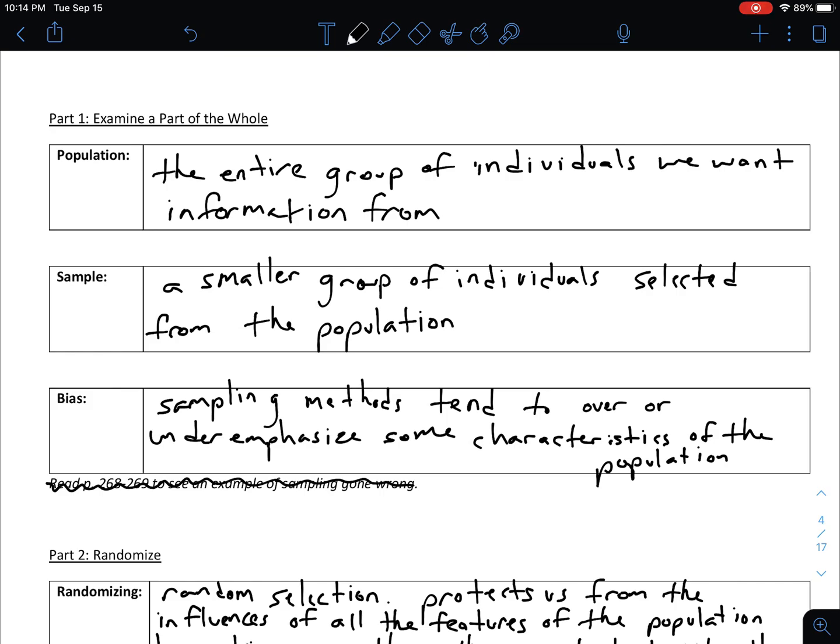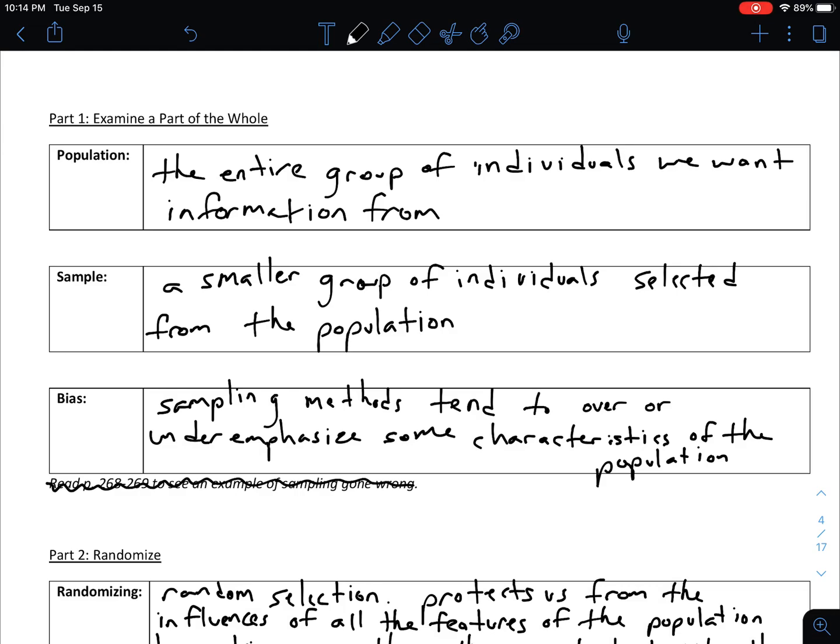The third thing we need to talk about is bias. Bias is when sampling methods tend to either over or under emphasize some characteristics of the population. For an example, let me switch gears. Let's consider looking for the most popular idea for the school's prom this school year. So we want to look at what themes we would want to use for this year's prom.